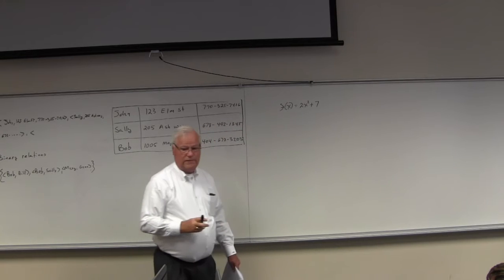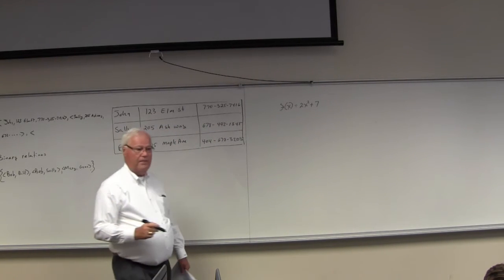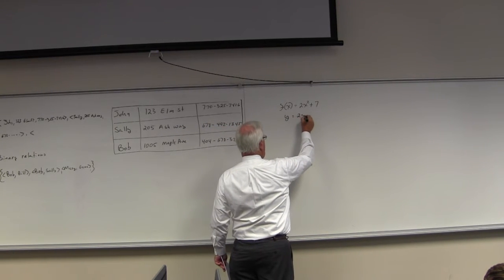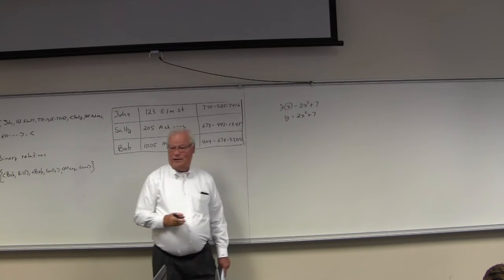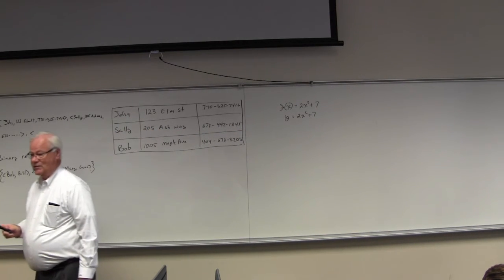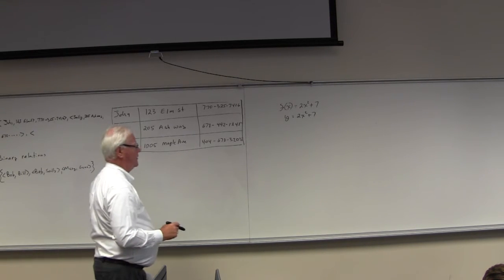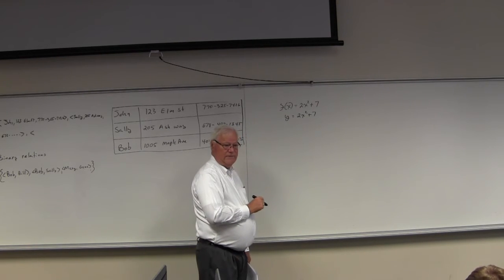Is that a relation? It is, isn't it? Probably the best way to show it's a relation is to go ahead and write it the way we would if we're going to graph it, right? Instead of f of x, we want to put y there, right? So what is that a relationship of? It's a relationship of x's and y's, is it not?